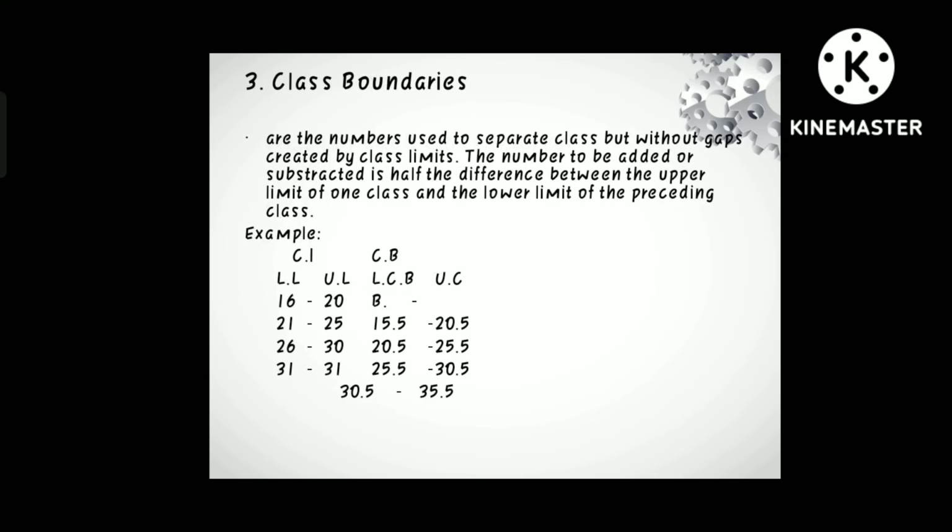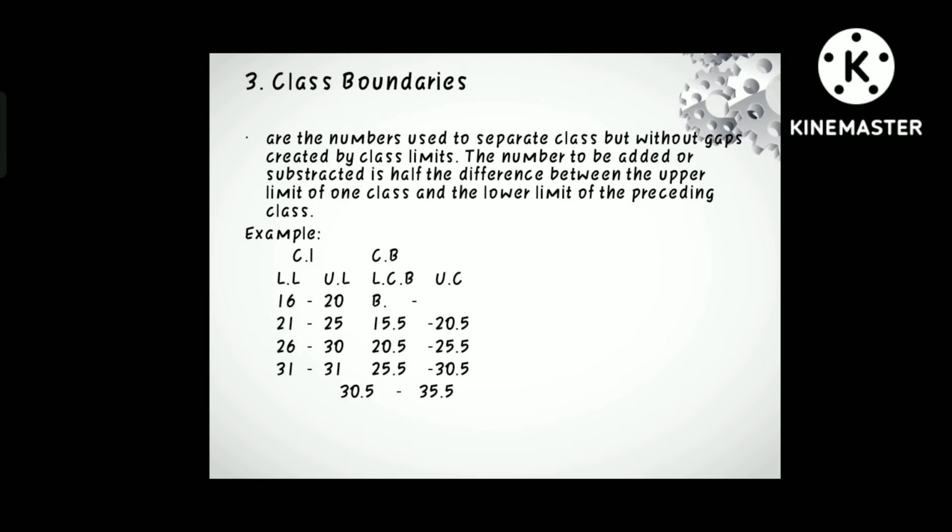Number 3, class boundaries. Class boundaries are the numbers used to separate classes without the gaps created by class limits. The number to be added or subtracted is half the difference between the upper limit of one class and the lower limit of the next class. Here is an example of how to get the class boundaries.